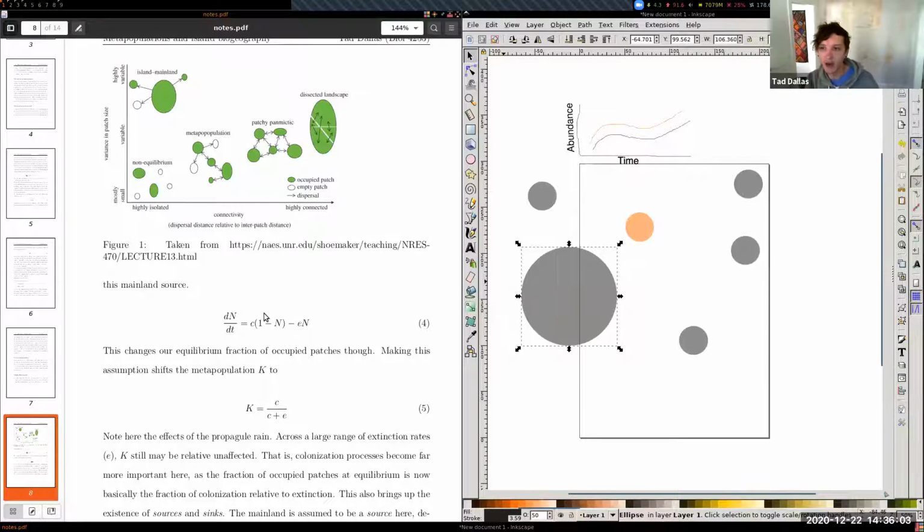The only thing that's driving colonization is the fraction of unoccupied patches, because we're assuming this mainland population never goes away. It always is the source. And then the patches also go extinct at some rate, little e. And this changes the equilibrium fraction of patches occupied to now equal the colonization rate divided by the colonization rate plus extinction rate.